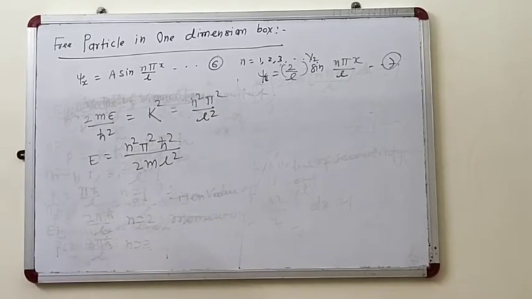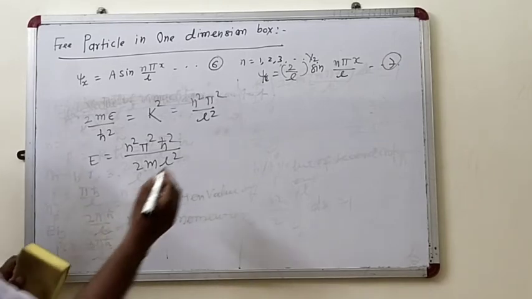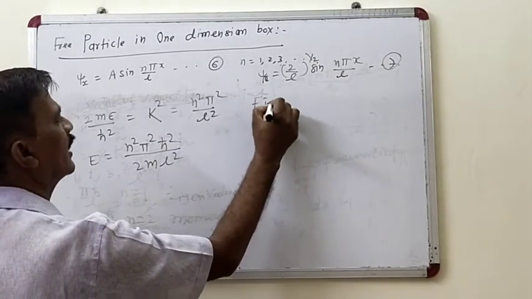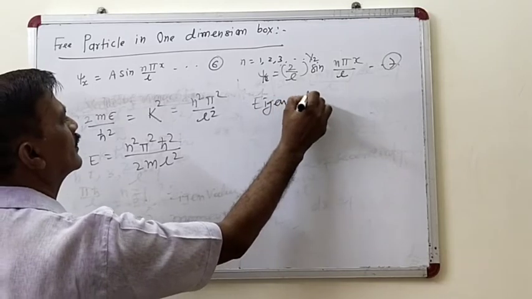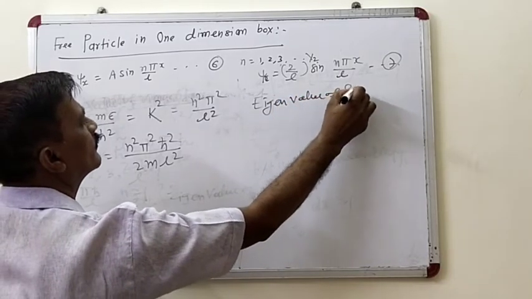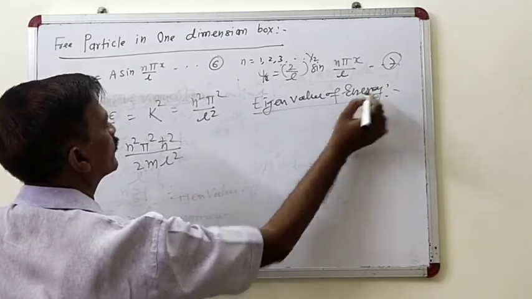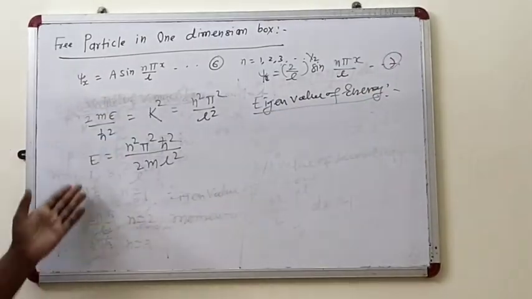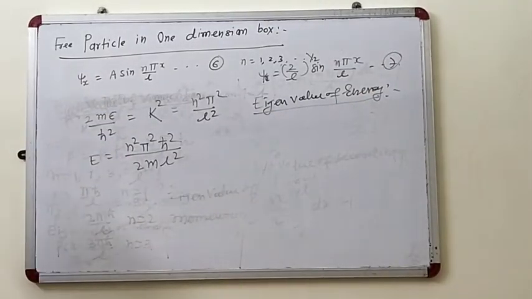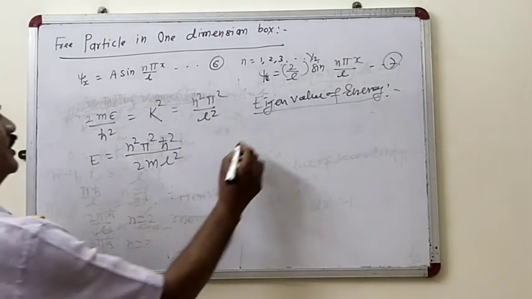Then we find the eigenvalues of energy. This is the expression of energy of a free particle in a one-dimensional box.